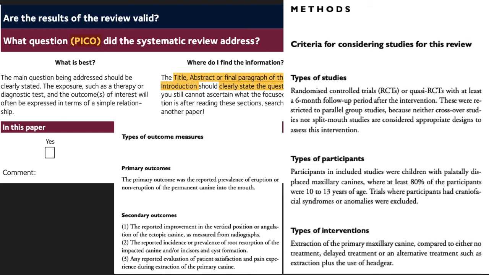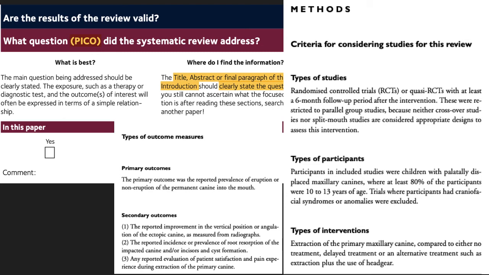Types of studies: randomized. Types of participants: between 10 and 12 years of age with badly displaced maxillary canines. Type of intervention: extraction of primary canines, compared to either no treatment, delayed treatment, or an alternative treatment.